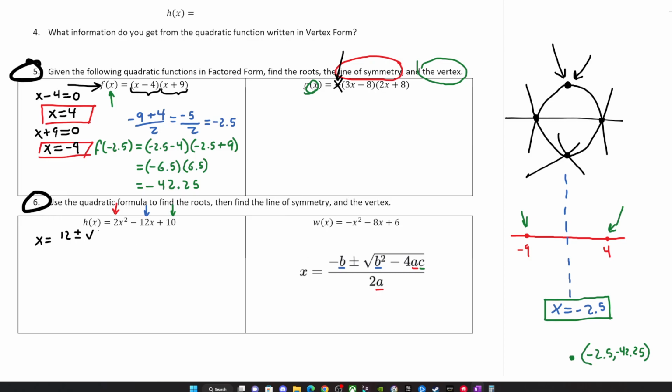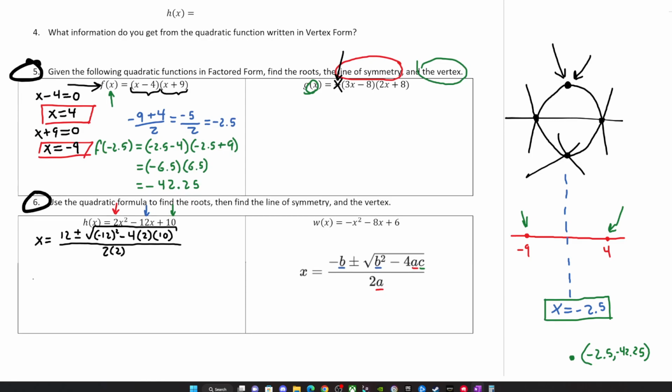So b squared will be negative 12 squared, and then minus 4 times a, which is 2, times c, which is 10. So it's the square root of all of this, and then the whole thing divided by 2 times a, which is 2.